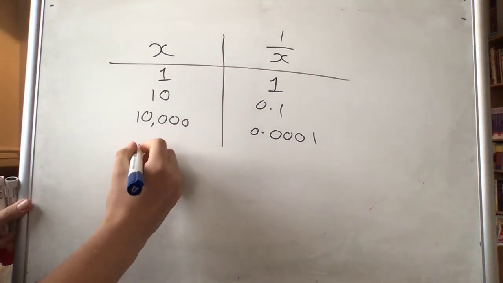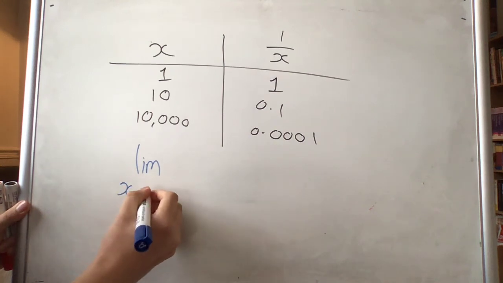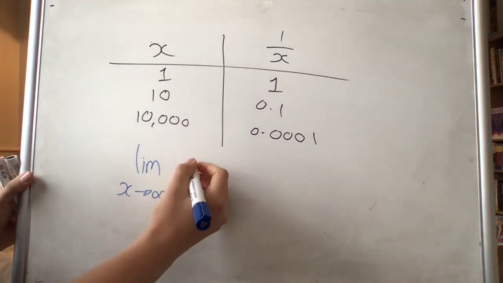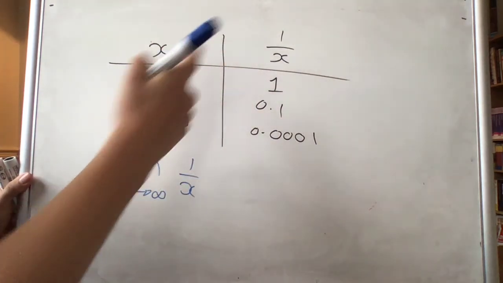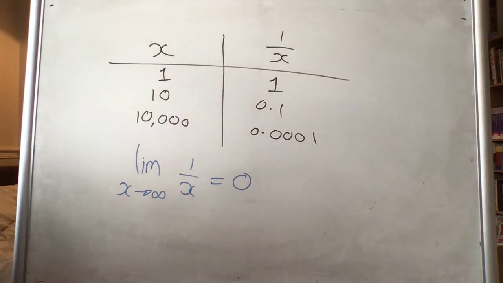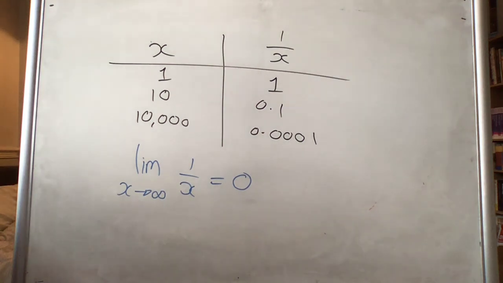So mathematically, we write the limit as x approaches infinity of 1 over x is equal to 0, okay? So in other words, as x approaches infinity, then 1 over x approaches 0. So this is just a mathematical way of saying we're not talking about when x equals infinity, but we know that as x gets bigger, the answer gets closer to 0.